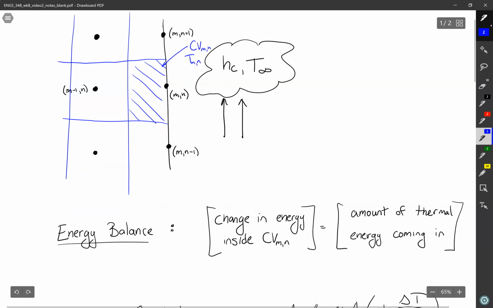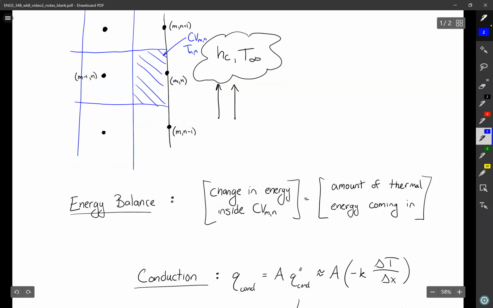We're going to use the same equation for an energy balance, that the change inside of that control volume is equal to the amount of thermal energy coming in. So we're going to have thermal energy coming in from all four sides. That equals the change in energy inside. So again, if 1 unit of energy came inside, the amount of energy inside would change by 1 unit.